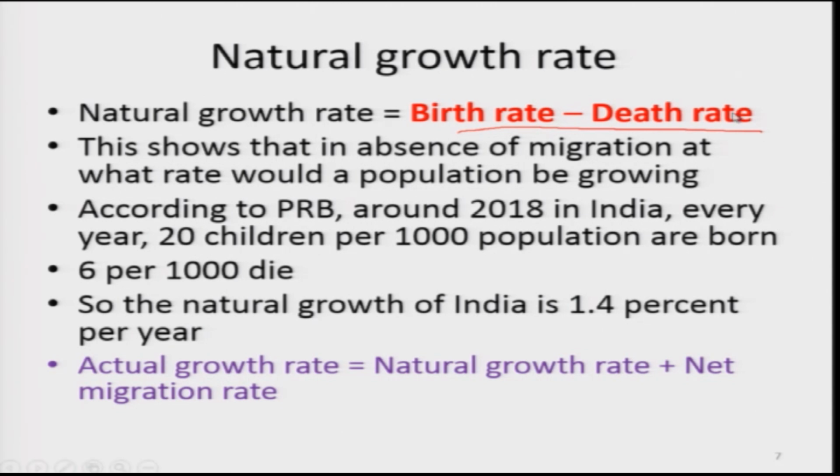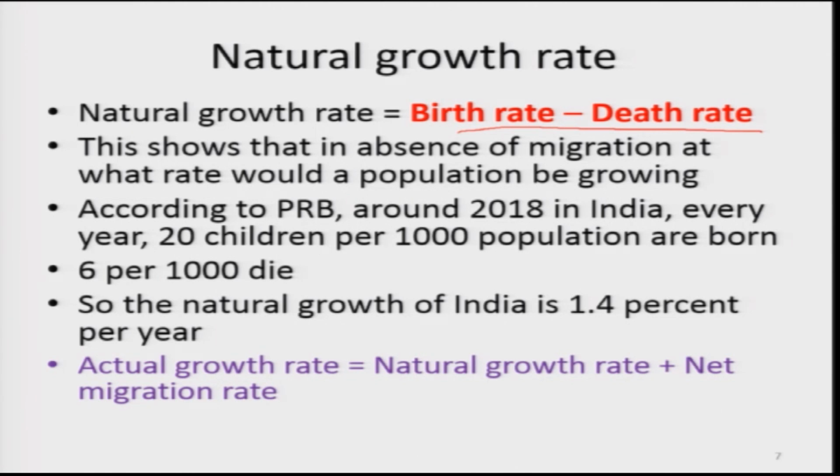According to Population Reference Bureau, around 2018, in India, every year 20 children per 1000 population are born. So, you can say that the birth rate of India is 20 in year 2018, and in the same year on a population of 1000, 6 people die, not only children, but people of all the ages, 0 to 100.